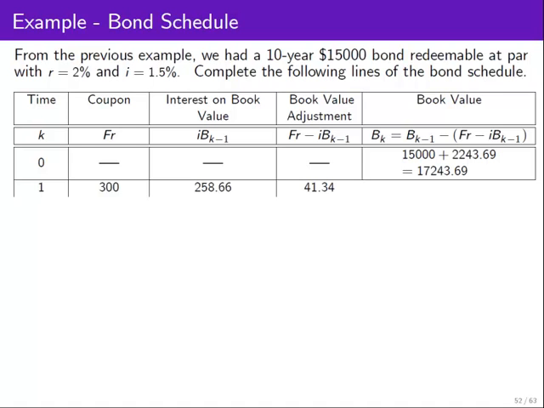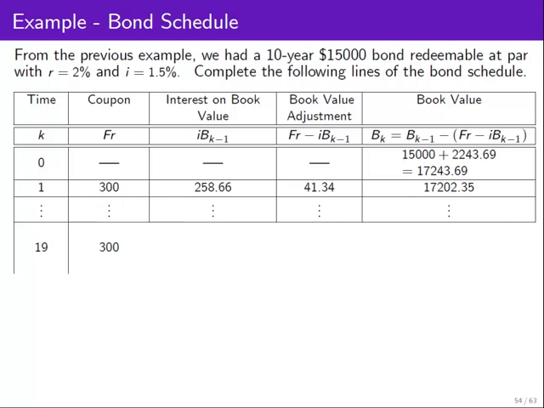The book value adjustment then is the difference between the coupon payment and the interest on the book value, which gives us $41.34. So to find the book value of the bond at this point in time, it's just the difference between the purchase price of the bond and the book value adjustment, which gives us $17,202.35. And this is essentially the value of the bond after the first payment has been made.